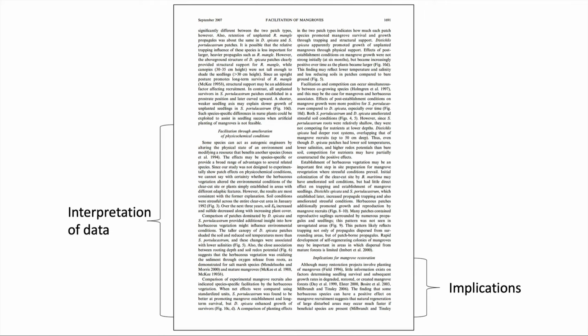The latter discussion was essential for publication in this particular journal, focused on application of ecology to solving environmental problems. But in general, end your discussion by pointing out the broader implications of your study and perhaps mention future areas of research. For more information about how to write the discussion, see the link in the description below.